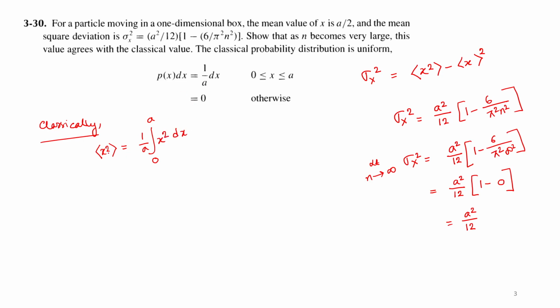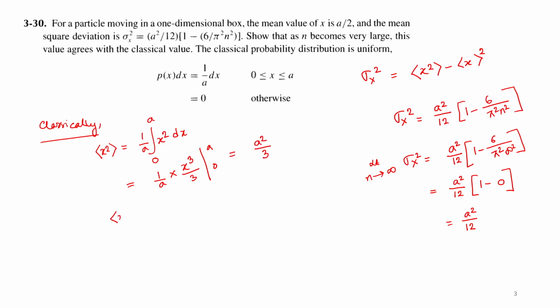I am just putting x square there, between 0 and a. You know what the integral will be: x cubed by 3 from 0 to a, and it will give you a square by 3.